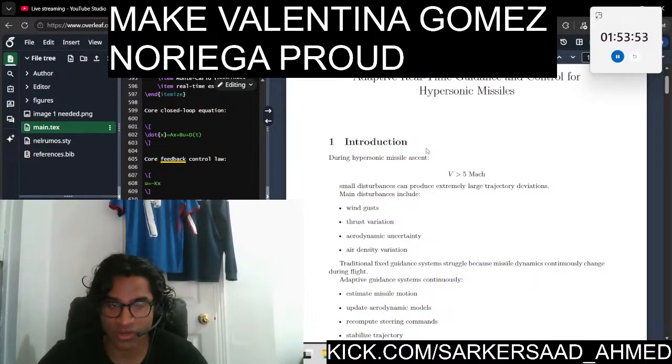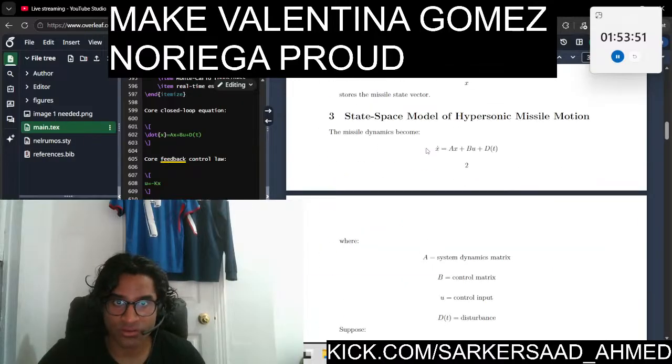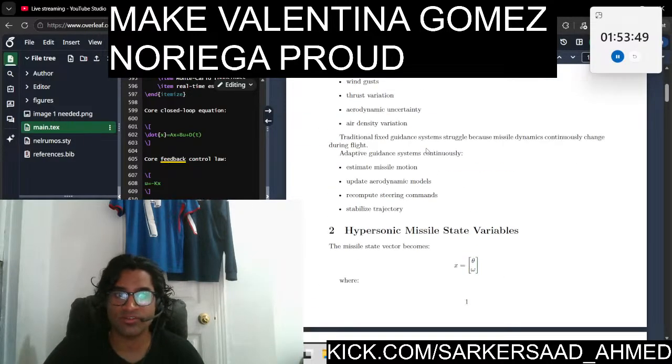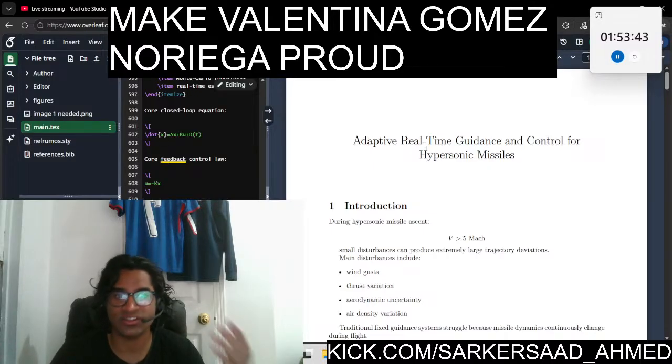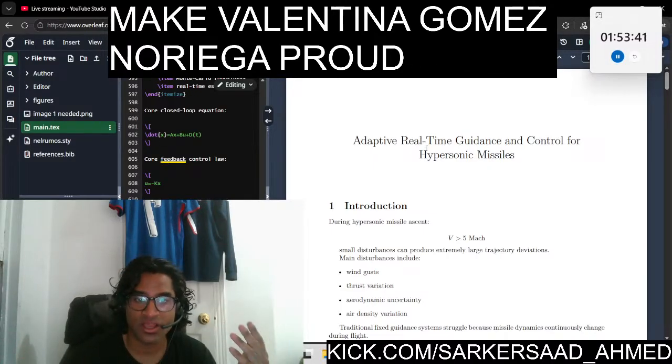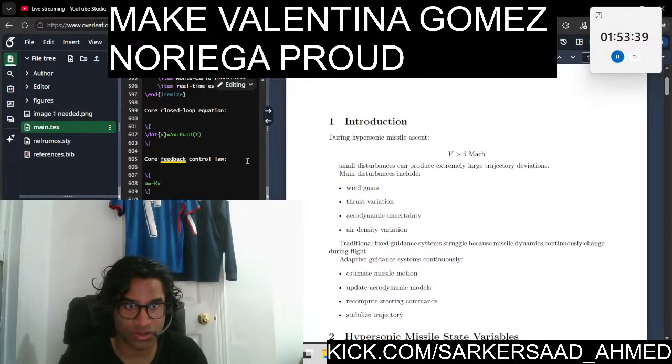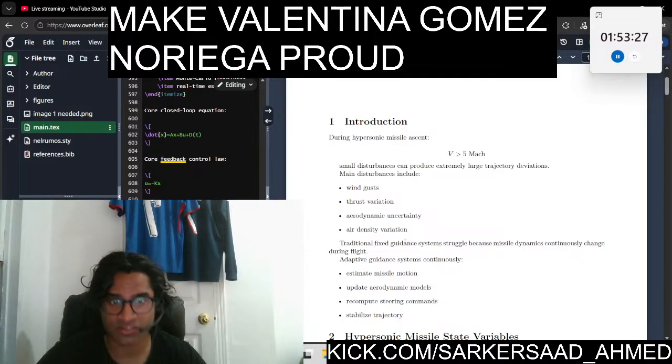The main disturbances will be wind gusts, thrust variations, aerodynamic uncertainty, air density variation. Traditional fixed guidance systems struggle because missile dynamics continuously change during the flight. And so the adaptive guidance system will continuously estimate the missile motion, update the aerodynamic models, recompute the steering commands, and stabilize the trajectory.